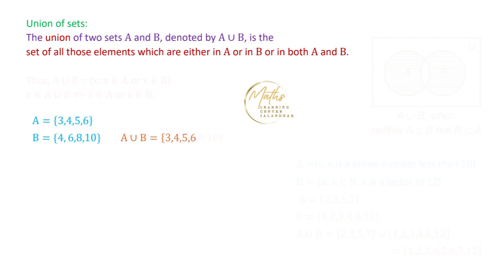Further, it also has the elements of the set B. Now 4 and 6 are already written, so it also has elements 8 and 10. So A union B has elements of A and elements of B, that is, both A and B.